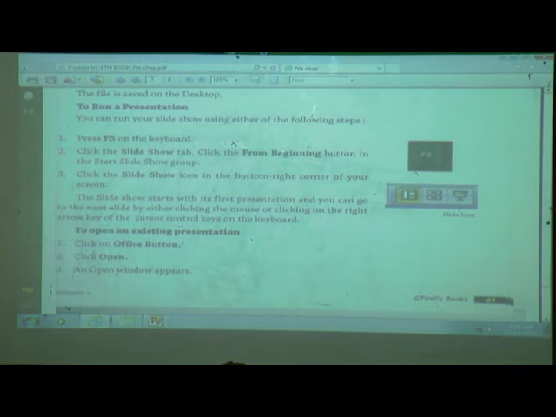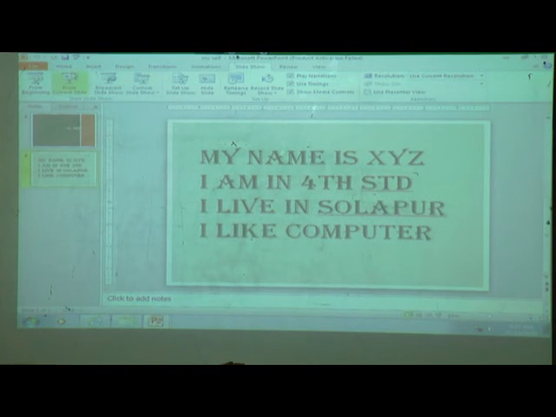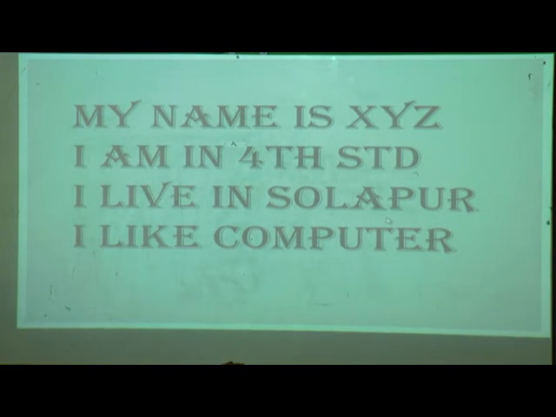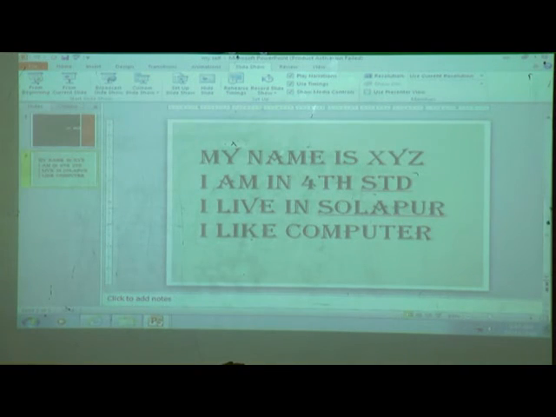We will see here by using the mouse. We will run the presentation. Now I am not using the keyboard, I am using the mouse. Press the mouse left button one time only, then you can see your next slide. Okay.